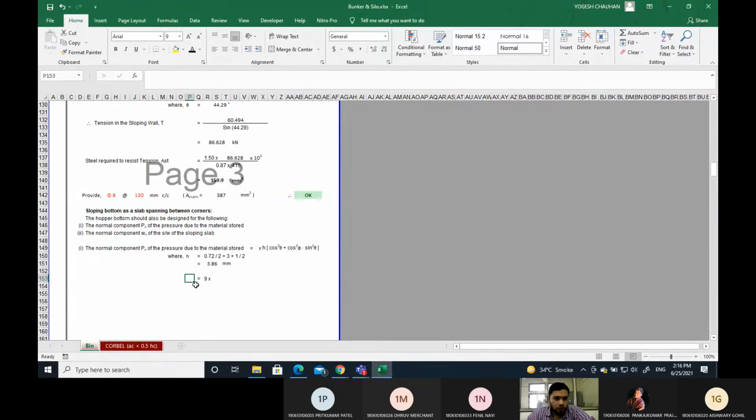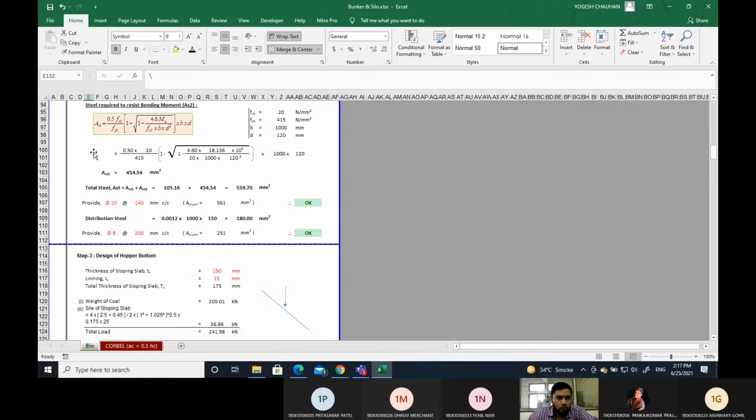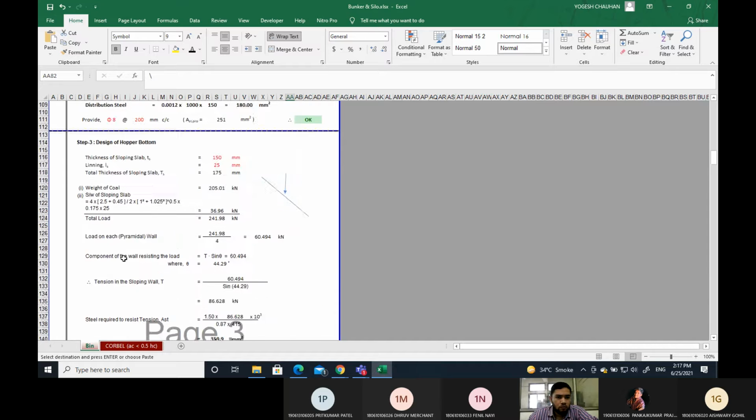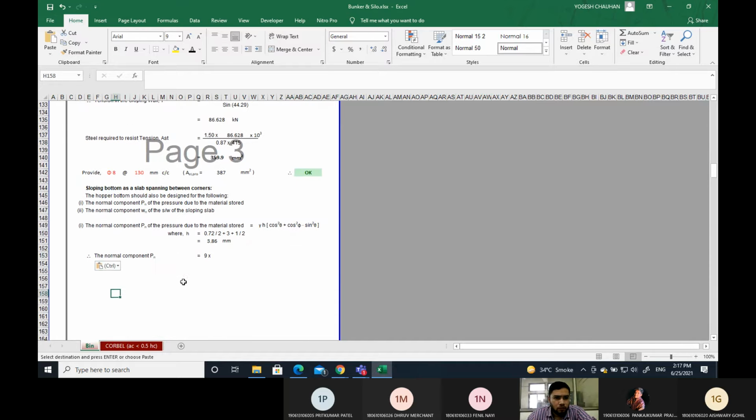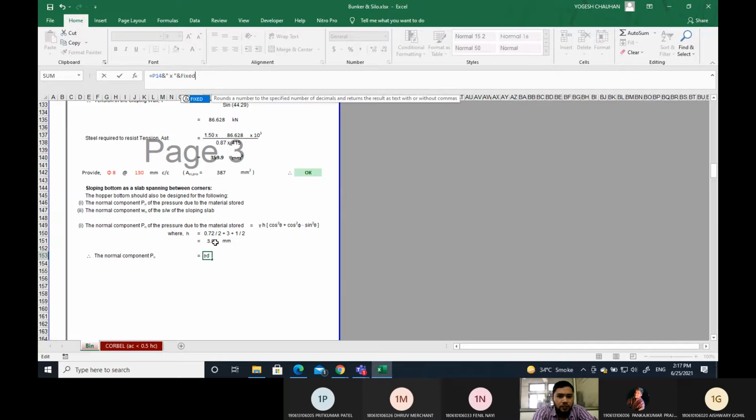So now you can find the normal component Pn. Pn will be equal to gamma into this H. If you don't fix it, there will be so many decimals, 8 or 9 digits of precision, so the formula would be too long.